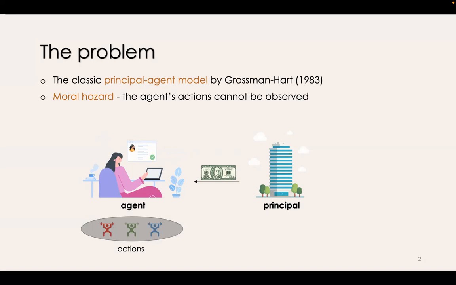Instead, the principal observes a stochastic outcome of the agent's action, which serves as a noisy indicator. And the primary objective is to identify the contract, the payments, that optimize the principal's revenue, which is the difference between the rewards derived from those outcomes and the payment made to the agent for those outcomes.